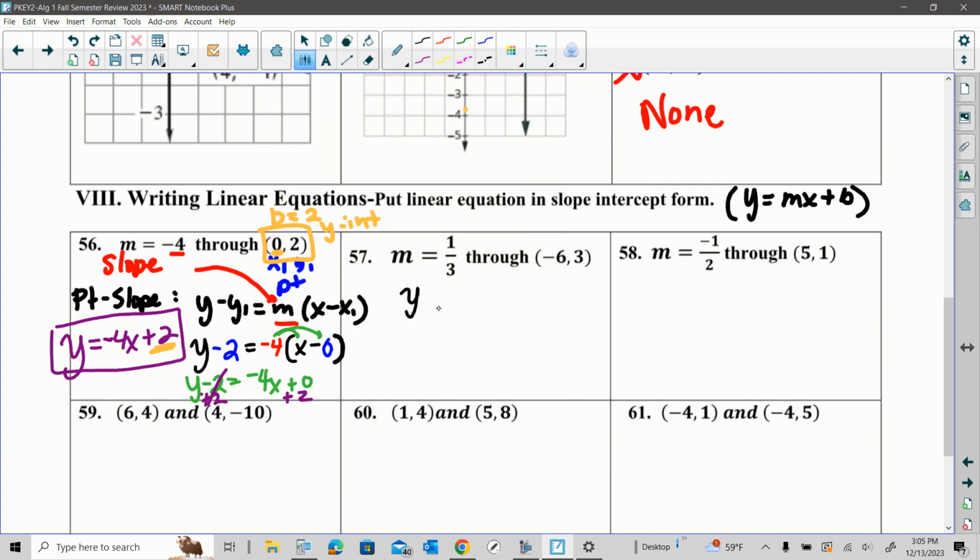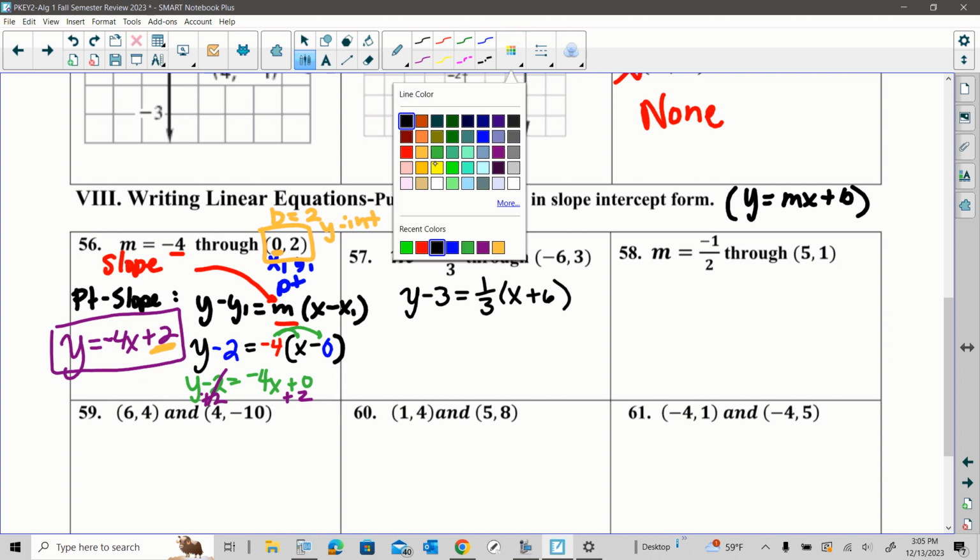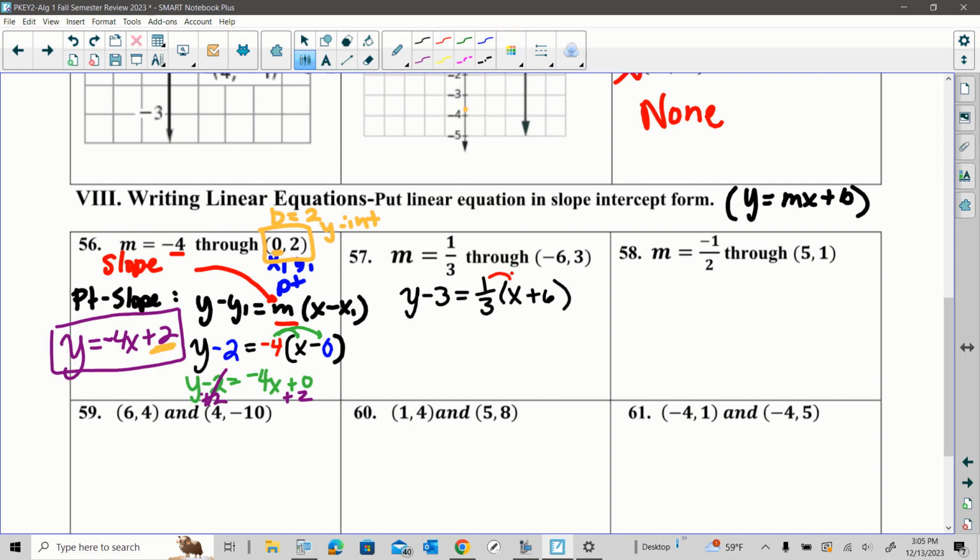So like this would be y minus 3 equals 1/3 parentheses x, not minus a -6, that turns into plus 6. Then we're going to distribute the 1/3 to get rid of the parentheses. So where you write everything, y minus 3 equals 1/3 x plus 2. 1/3 of 6, or 6 divided by 3 is 2.